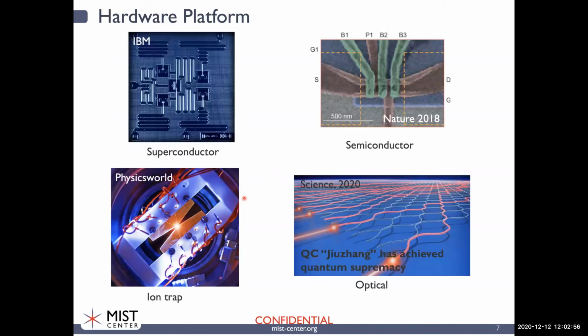On the hardware side, there are many ways to implement a quantum computer, including superconductor-based, semiconductor-based, ion or neutral atom based, as well as optical-based platforms. These quantum systems have all been intensively explored for hardware realization of a quantum computer.